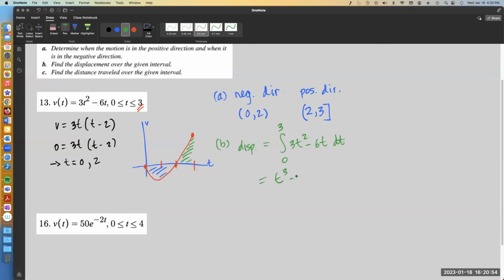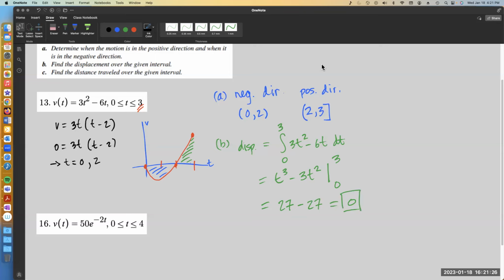We use the power rule, so we get t cubed, and t squared over 2, which is going to give us 3t squared here, from 0 to 3. And that will be 27 minus 27. So that's 0. Displacement is 0.